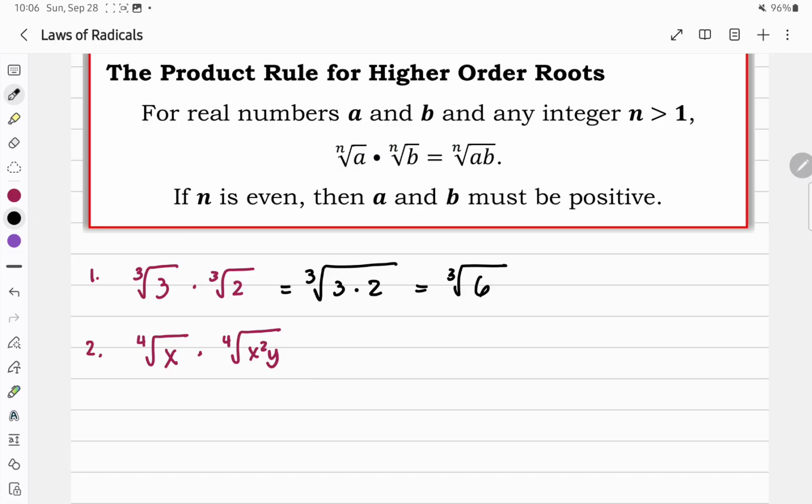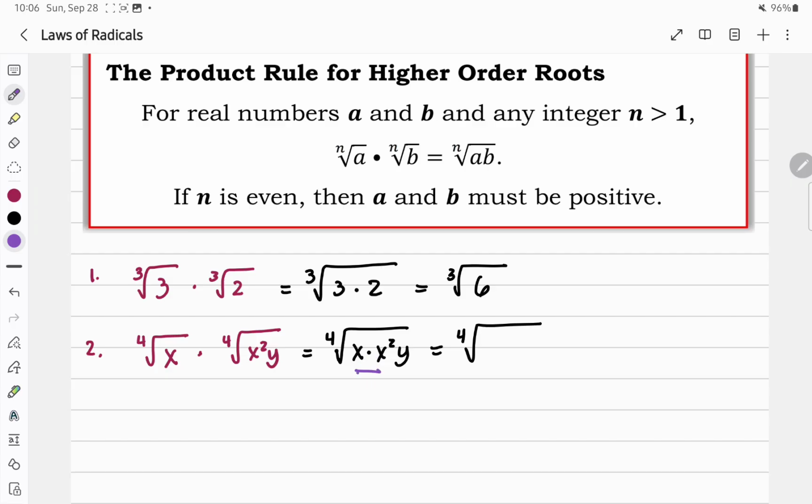Let's look at number 2. You have 4th root of x times 4th root of x squared y. So, same index. Pwede mo yung multiply. You will have 4th root of, copy yung index. Then, multiply mo lang daw yung nasa loob, or yung mga radicand. So, x times x squared y is now equal to 4th root of, take note, pwede nang gamitin dito yung law of exponent.